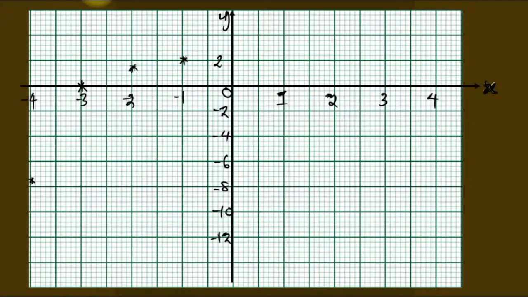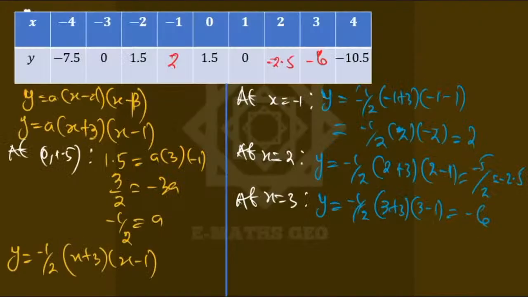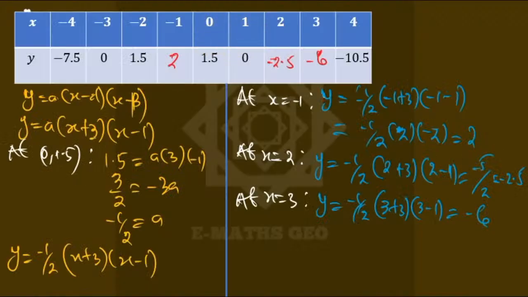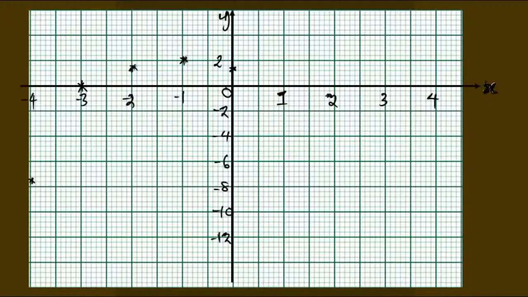So which one again? 0, 1.5. So remember this is 1.5, so 0, 1.5 should be here also. So which one again? 1, 0 on the x-axis.